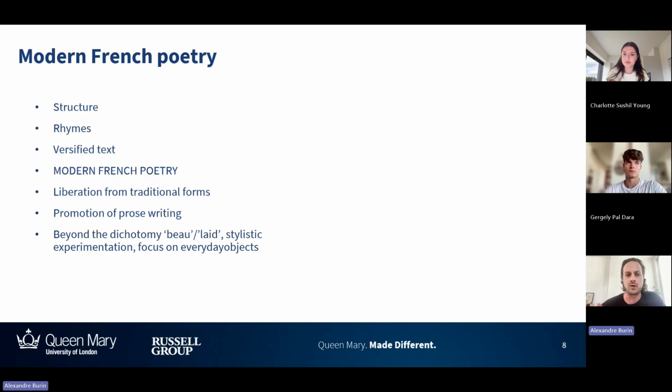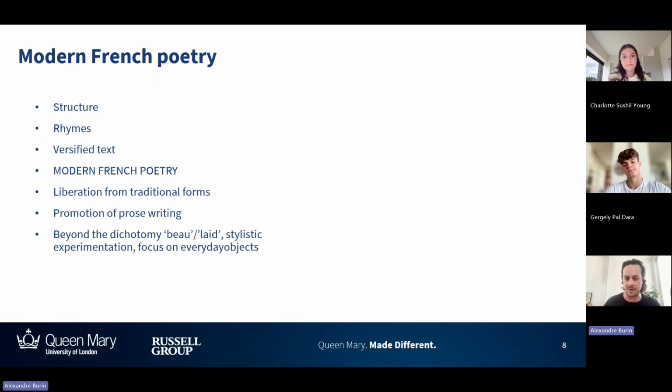So when we talk about French poetry, traditionally there's a sense of structure, lots of rhymes. It's really important. Some people think that, to write poetry, you need to have your words rhyme with each other, and the text has to be versified, a certain number of lines.